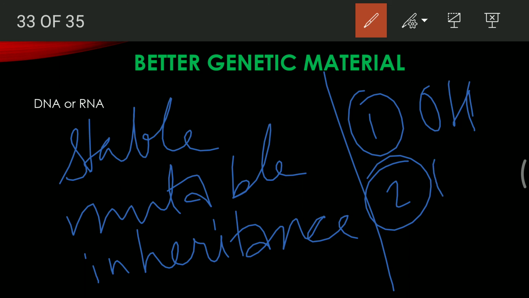So because of the presence of uracil, the RNA becomes less stable. So the stability of RNA is less as compared to DNA, and that's why the higher organisms have DNA as the genetic material, whereas the lower organisms always stick to RNA, like the viruses.